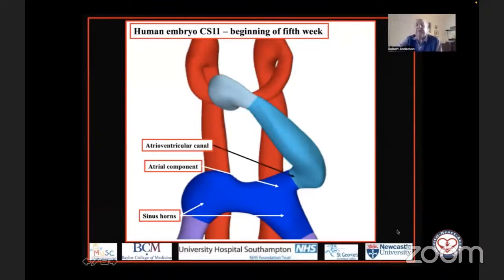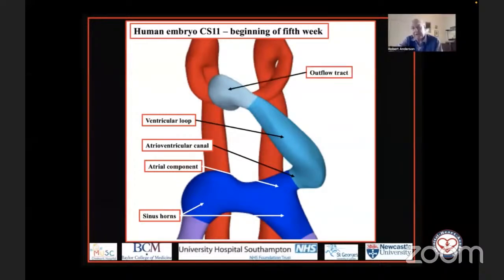And the atrial component, through the atrioventricular canal, leads us on to the ventricular loop. But at this early stage, the ventricular loop is no more than a solitary tube. It is part of the primary heart tube. And at its other end, it gives rise to the outflow tract.